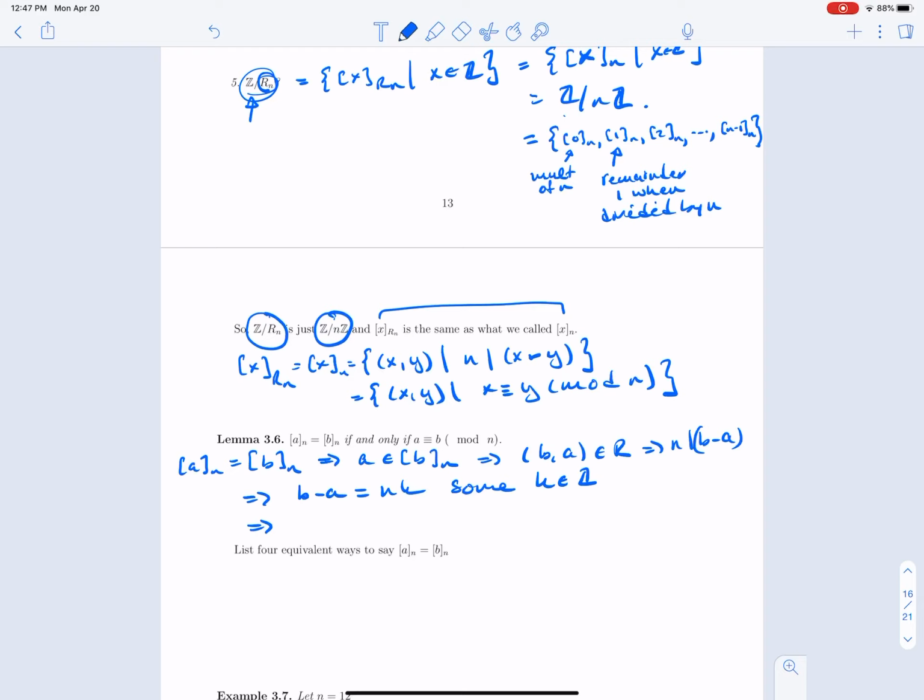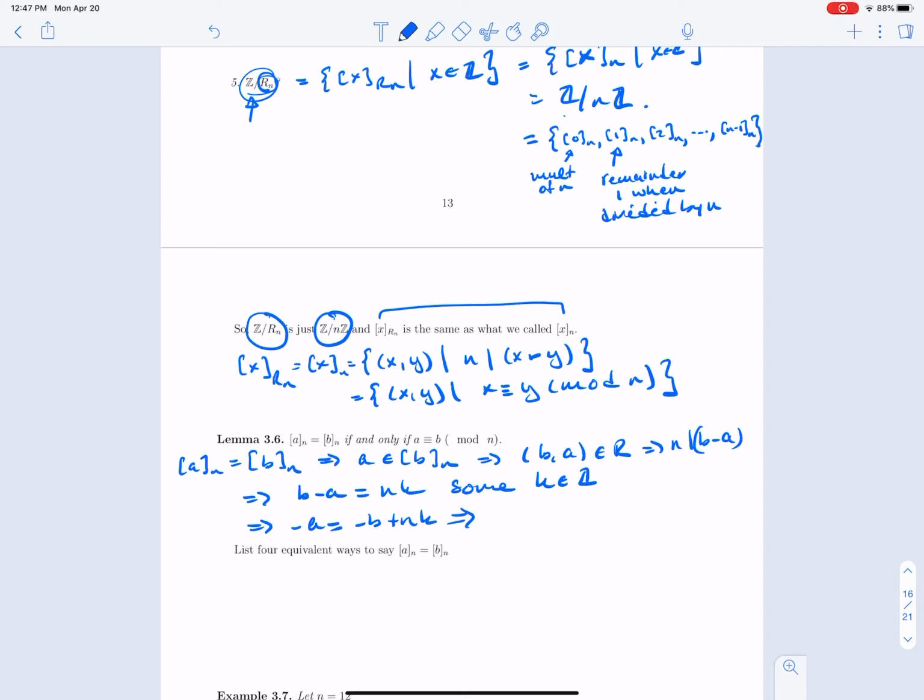And that tells me that I can write B is equal to A plus nk, right? And that tells me that, actually I want to write it the other way, I think. Yes, so let's do it the other way. So let's write it as minus A is equal to minus B plus nk.